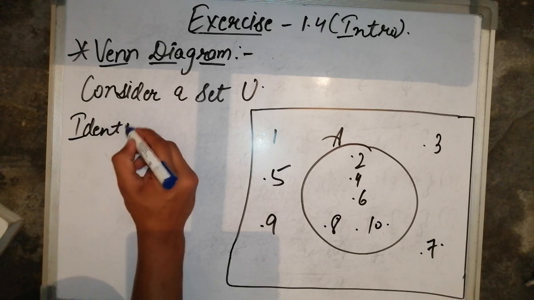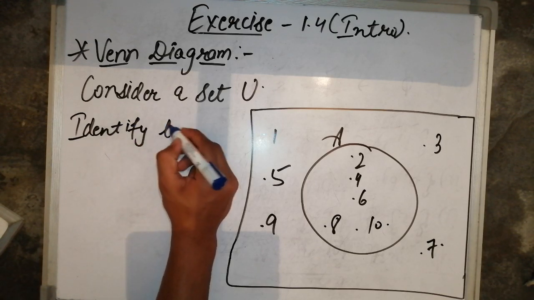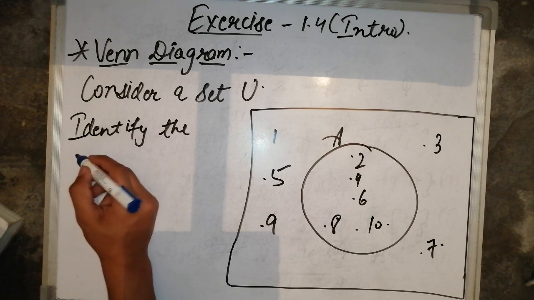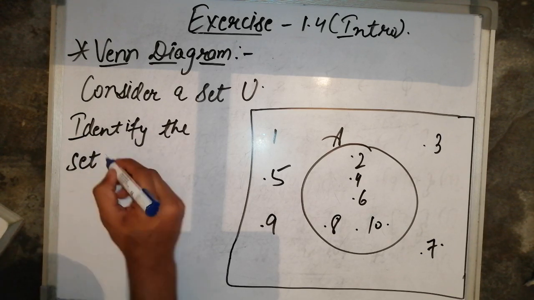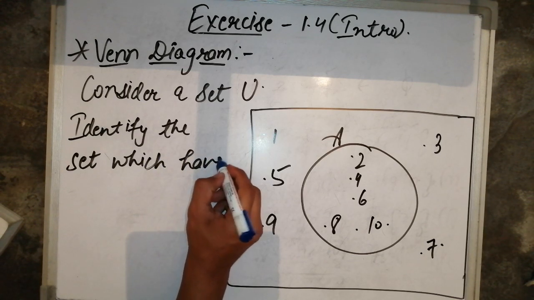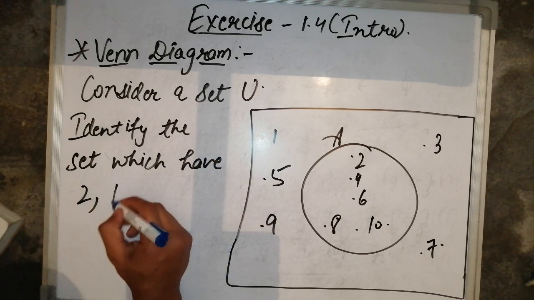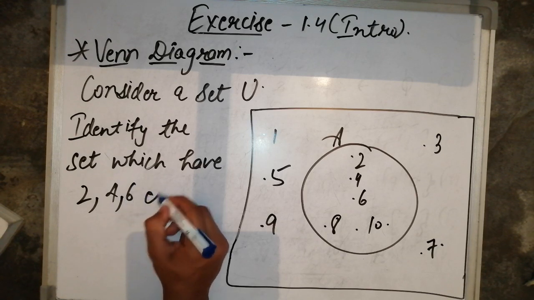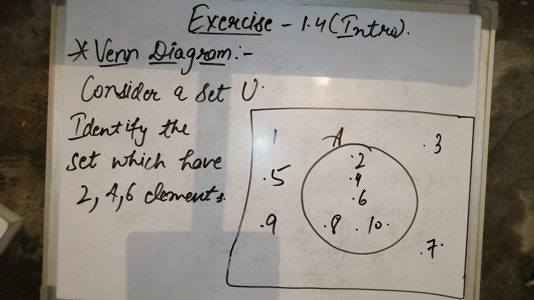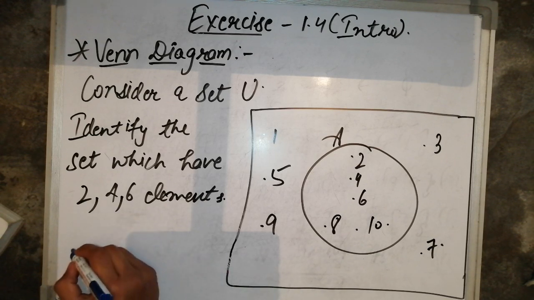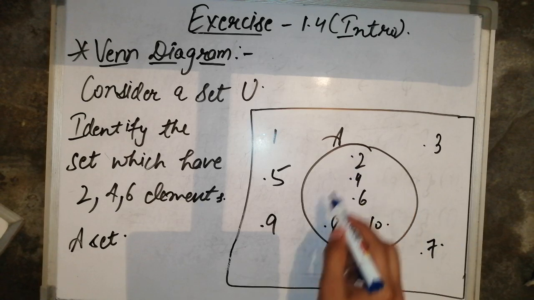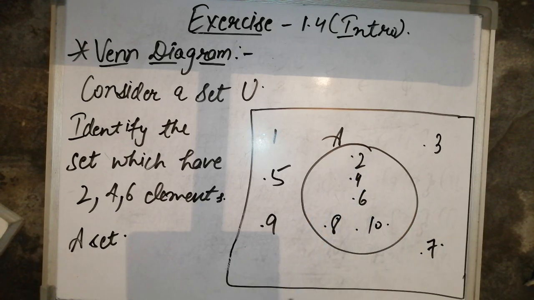Identify the set which has 2, 4, 6 elements, okay? The answer will be A set, because A is containing these elements 2, 4, 6.